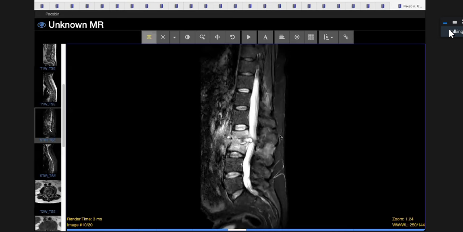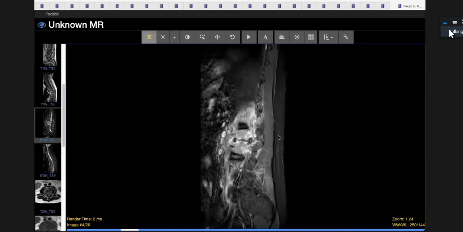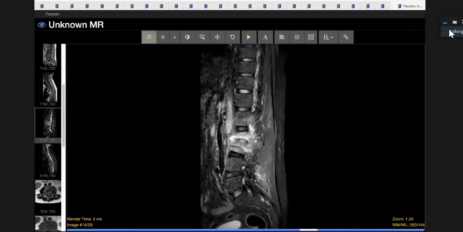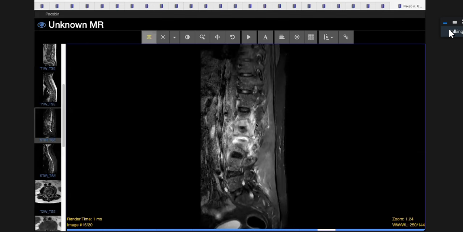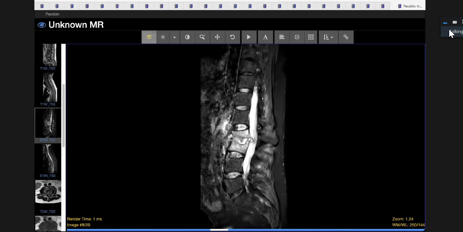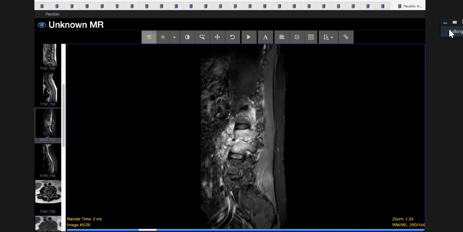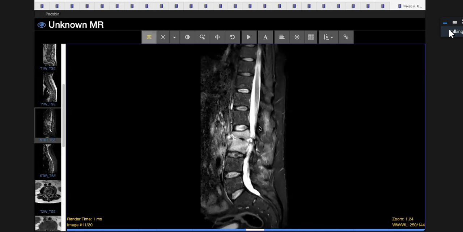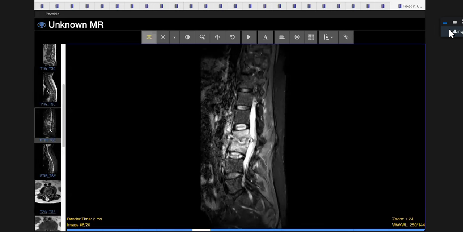This is causing severe compression of the cauda equina, which I would confirm on my axial images. And this is also extending to the adjacent neural foramen bilaterally, the inflammatory process, the STIR hyperintense process, which is extending to the prevertebral space. So I could look at the T2 axials through the images.